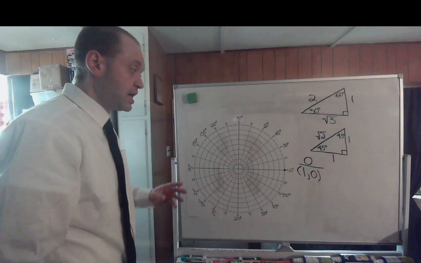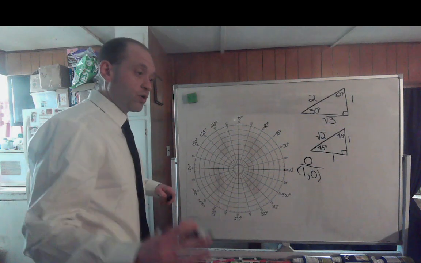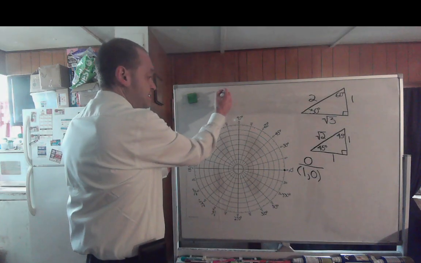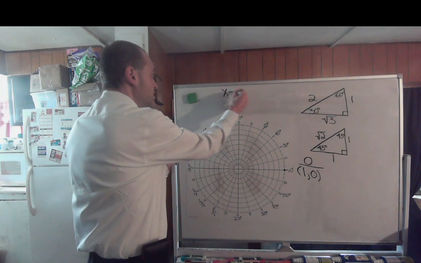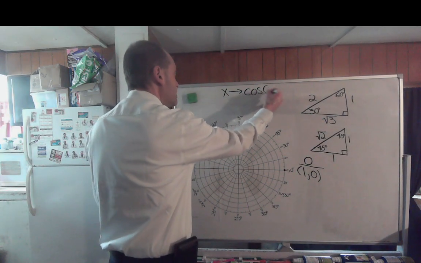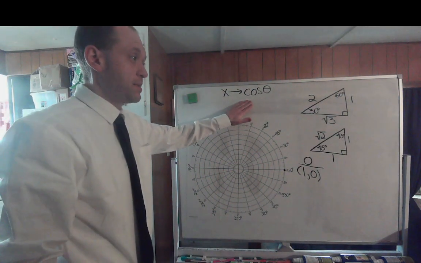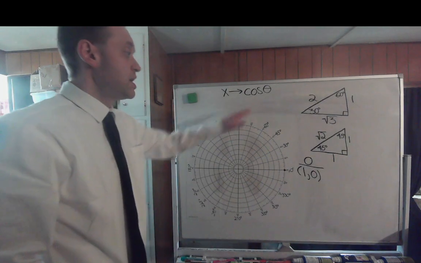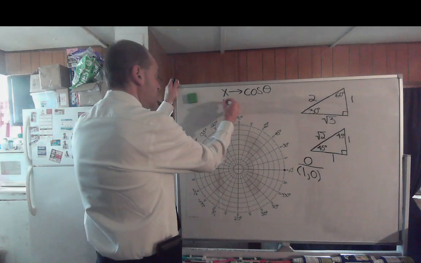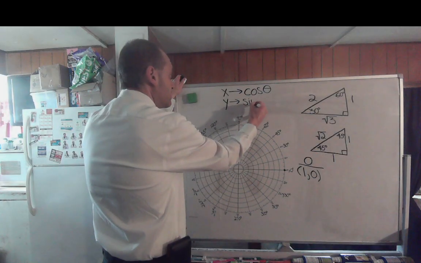Well, having said that, it's important to understand in general that your x-coordinate corresponds to the cosine of theta. So your x is your cosine. Now, that y-coordinate of 0, your y-coordinate is going to be your sine of theta.